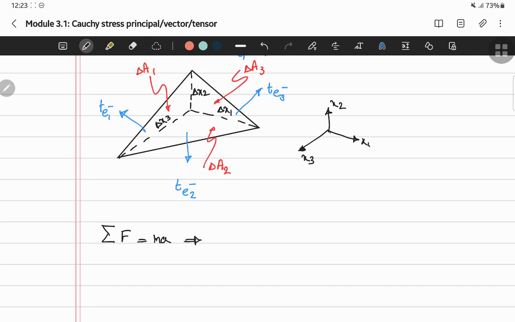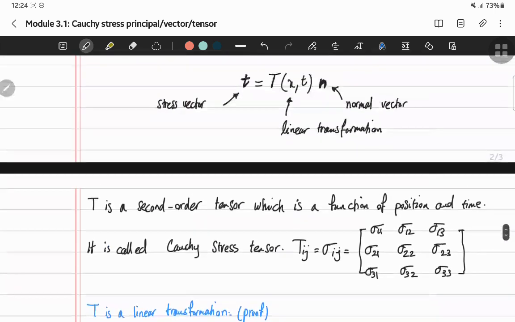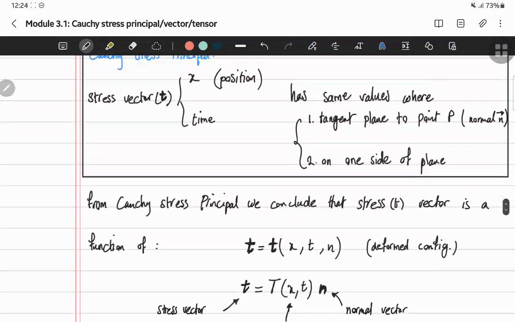So here I have T, the traction, times the area.